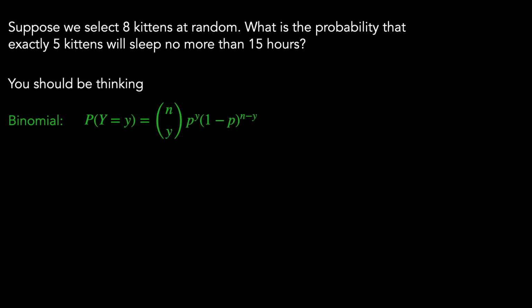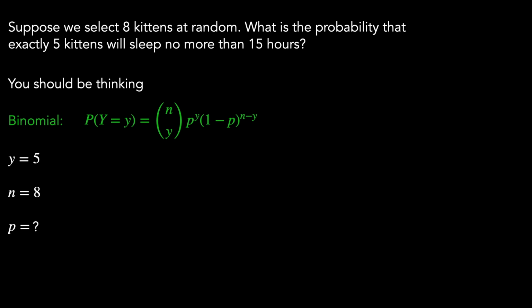The formula says that we have this random variable capital Y that we know is distributed binomially, because we have a certain number of trials, a certain number of successes, and a constant probability, because the probability would always be that they sleep no more than 15 hours. So we know y equals 5, because that's the number of successes. We know that the total number of kittens we're choosing from is 8, but we don't know what p is.